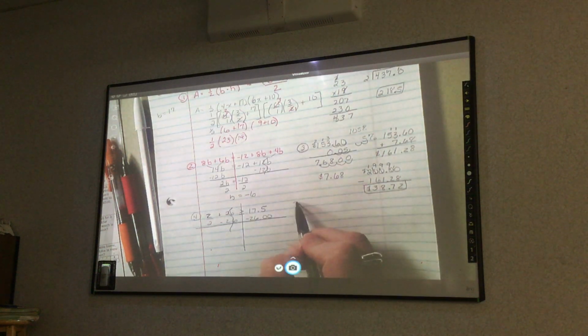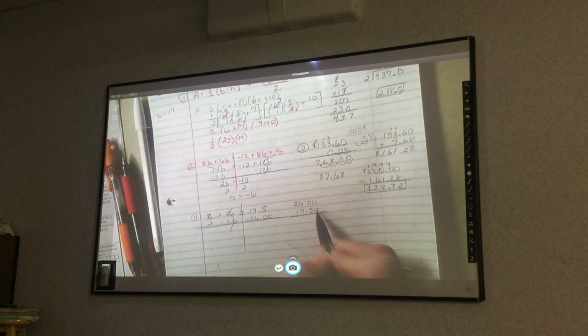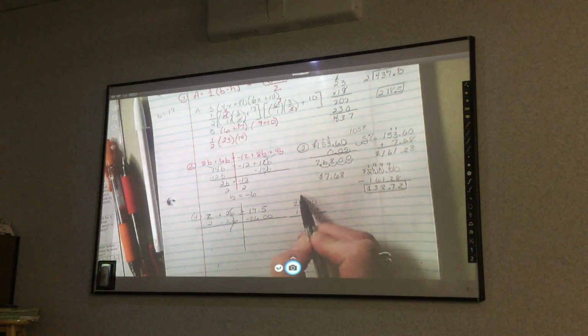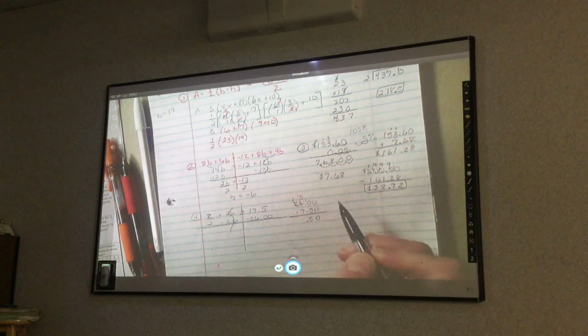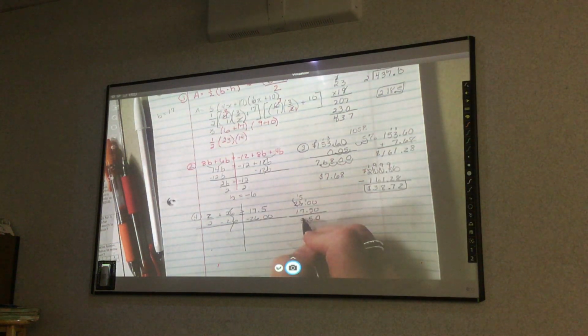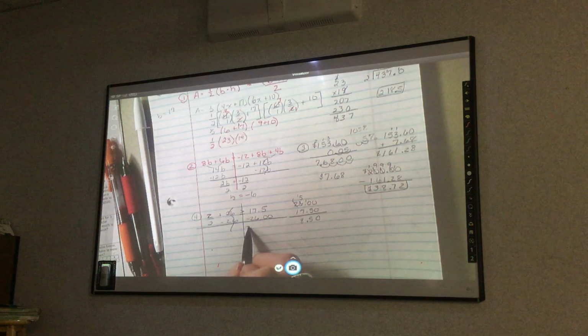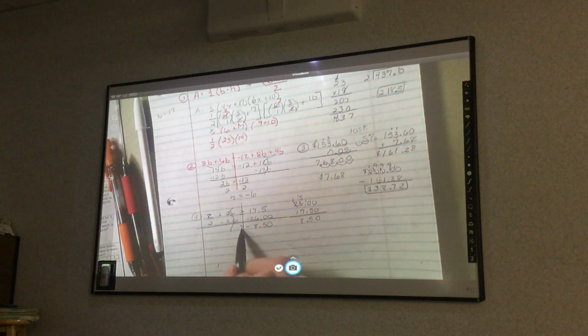Okay, put your 26 on top, lining up your decimals. That's a 0. Make sure you're borrowing correctly. 15 minus 7 is 8. So this would be a negative 8.50 because 26 is the greater number and it's negative.